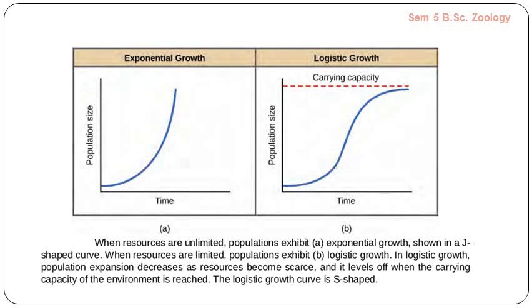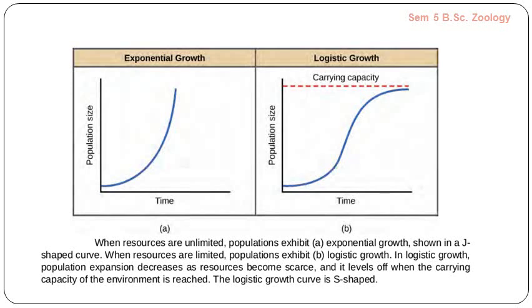Now, the second one is the S-shaped curve. The S-shaped curve is when resources are limited, in the sense there is sufficient environmental resistance checking the biotic potential. So the population curves off along the carrying capacity level.